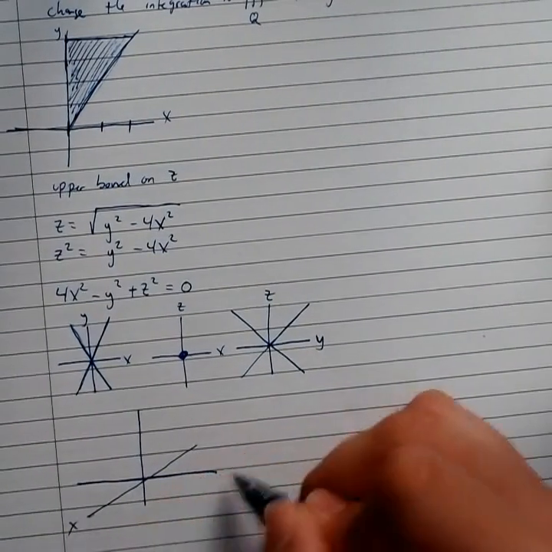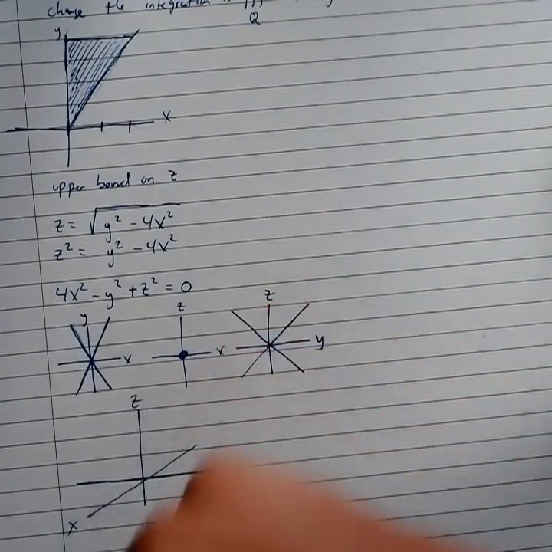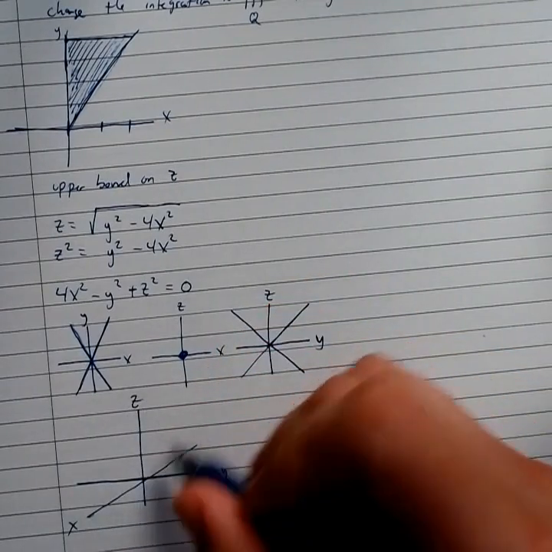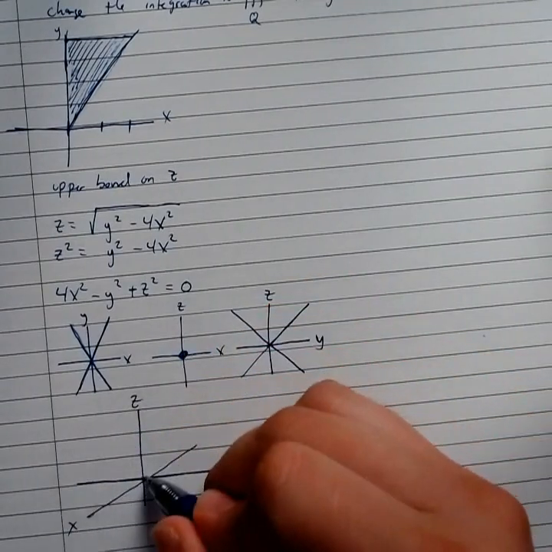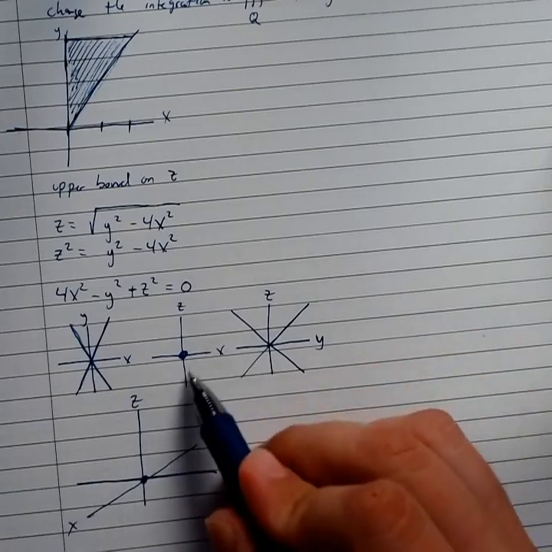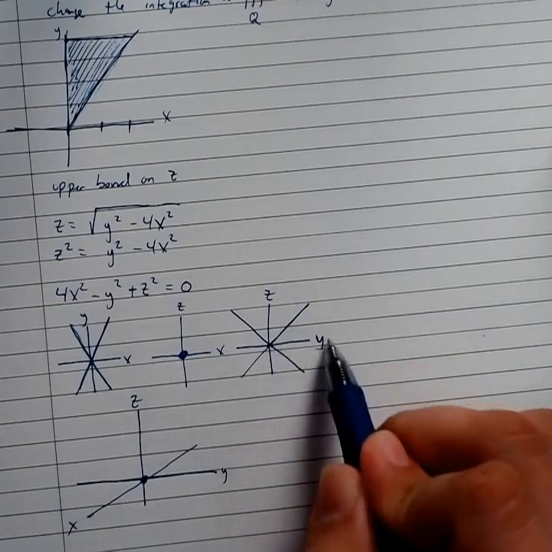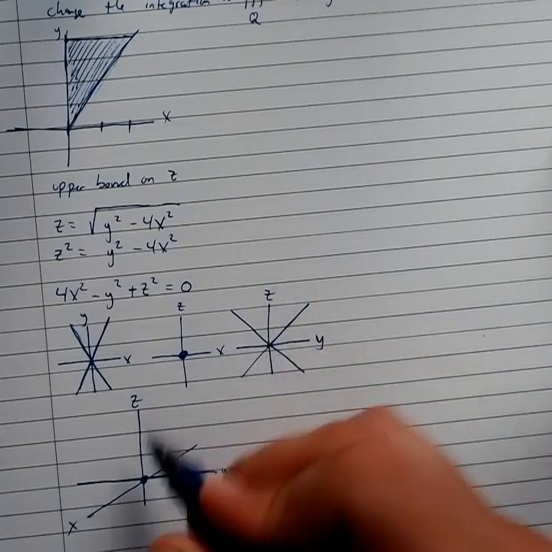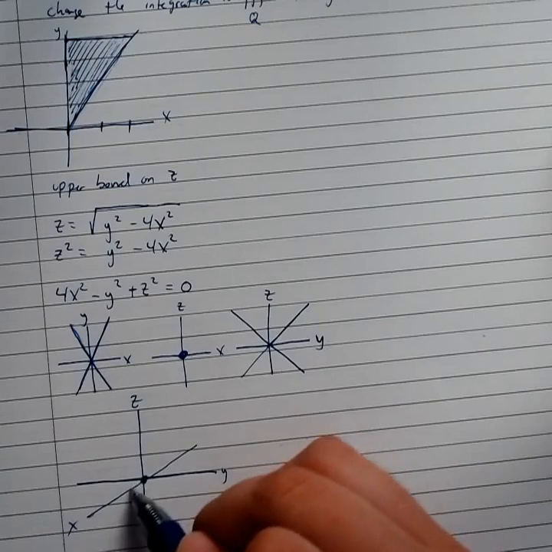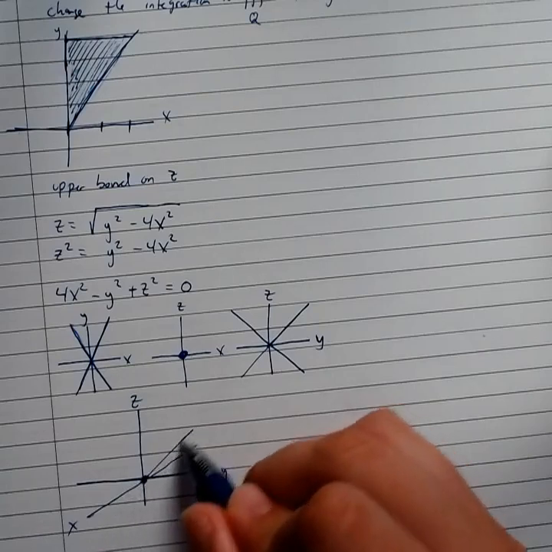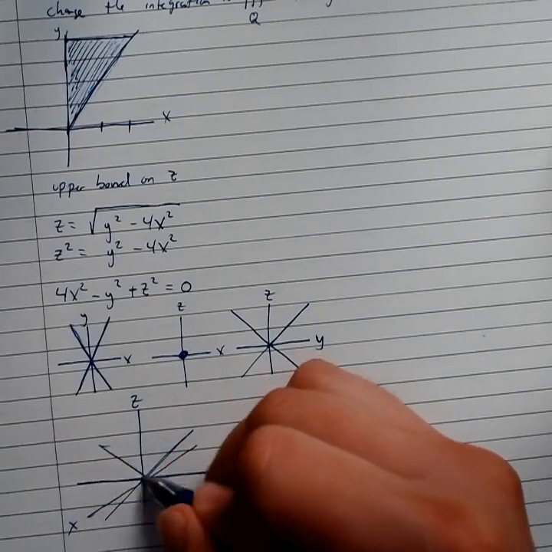Okay, x, y, and z. Here we would take the xz trace is just that point. But now if you're coming out from there on the yz plane, you have these lines of slope 1. So that would be coming out and out this way.